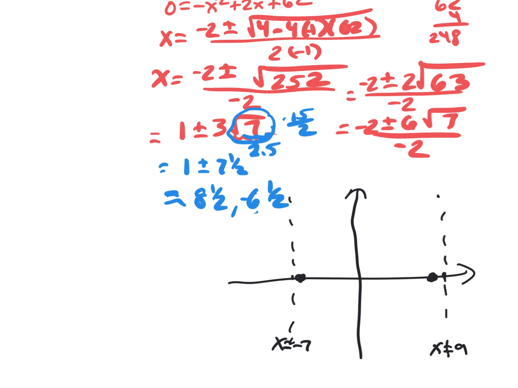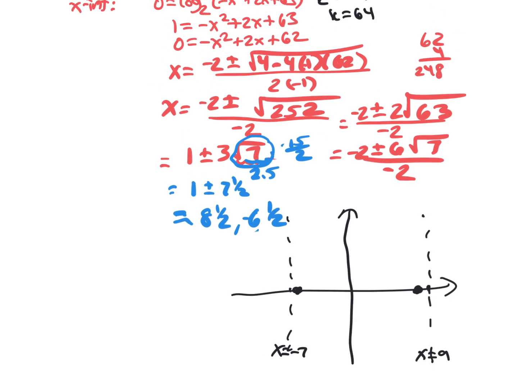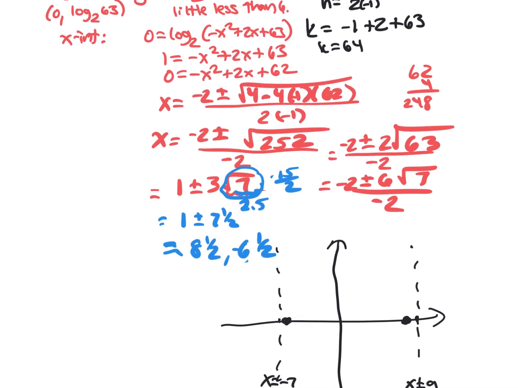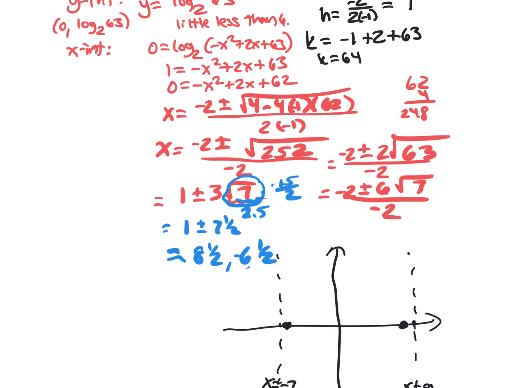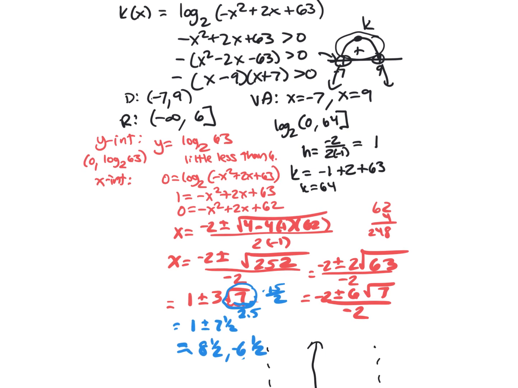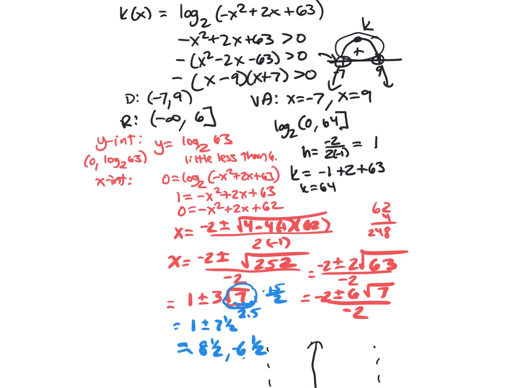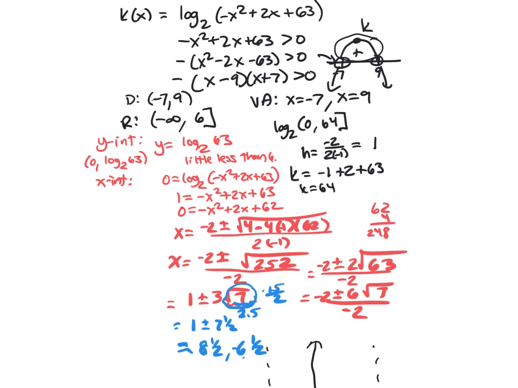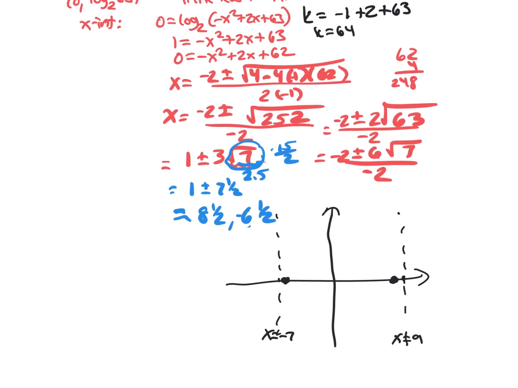And then the other thing you do want to plot is your highest point. When does it reach the highest point of 6? Well, it reaches that highest point at the vertex of the parabola. And what was our vertex? If we go back, our h value was 1. So 1, and that highest value was 6.